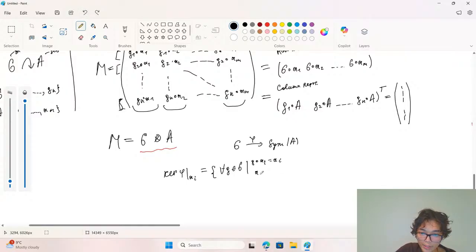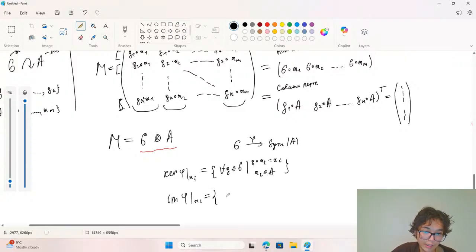Then I consider the image of phi on a particular element of set A, not the image of the whole set, but of the one particular element.